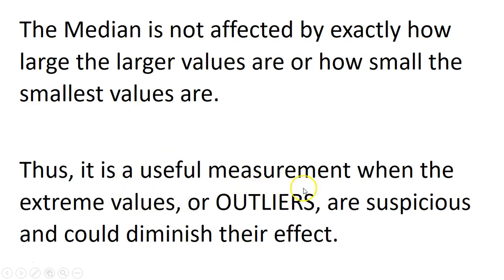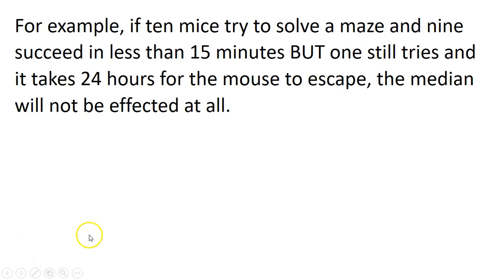Thus, it is a useful measurement when the extreme values or outliers look kind of suspicious, which is why before we talked about home values. We said it's the median price of a house, not the average price of a house. Or income, for example, you talk about median income, not average income, because the average gets swayed by outliers. And that works for both low and high.